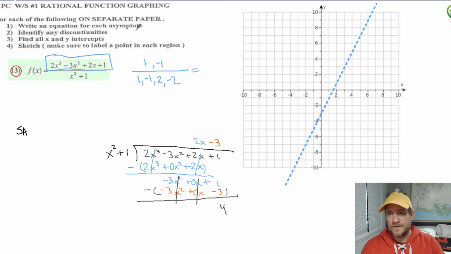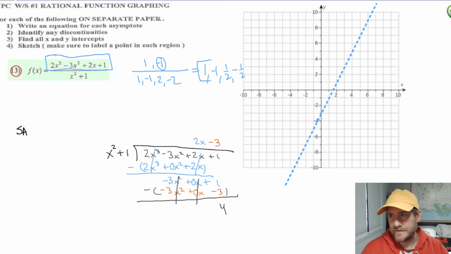So 1 over 1 is a positive 1, 1 over -1 is a -1, 1 over 2 is 1/2, and 1 over -2 is -1/2. And if I do all this same division with -1 over 1, I get all these same things. There are literally only 4 clean numbers that could possibly be our zeros.